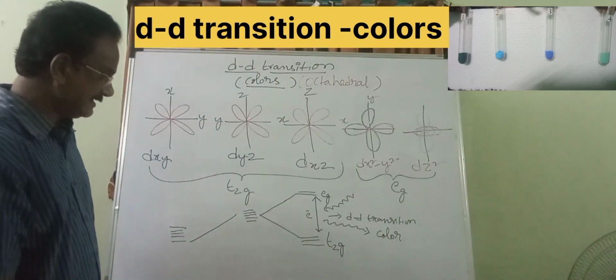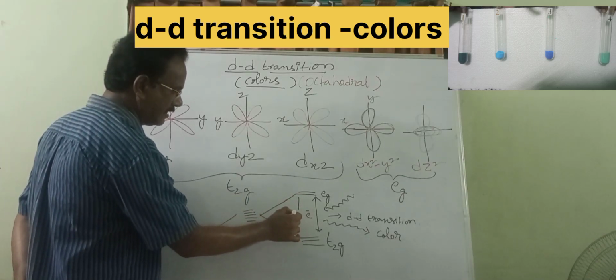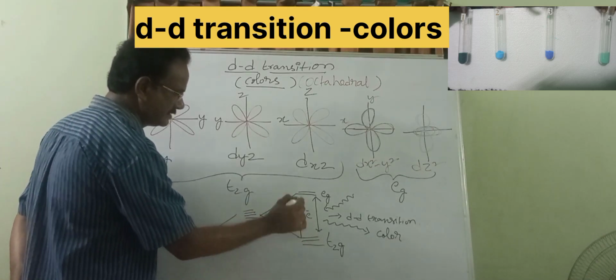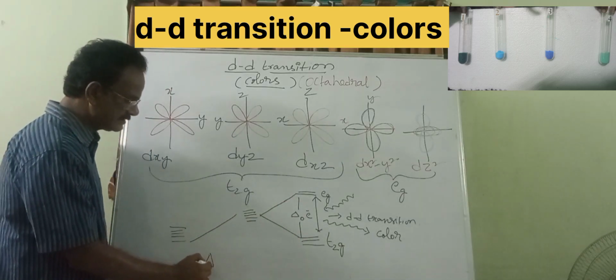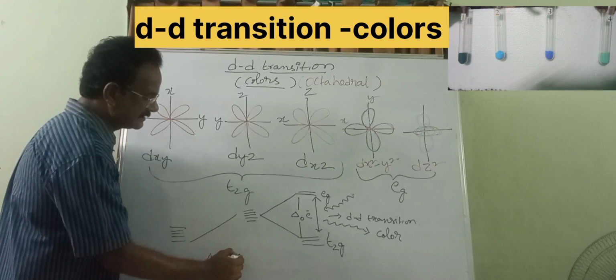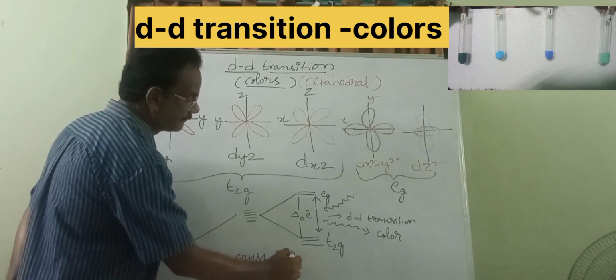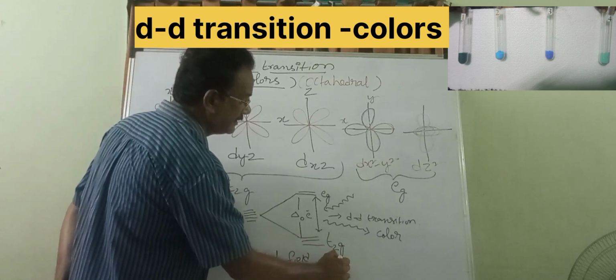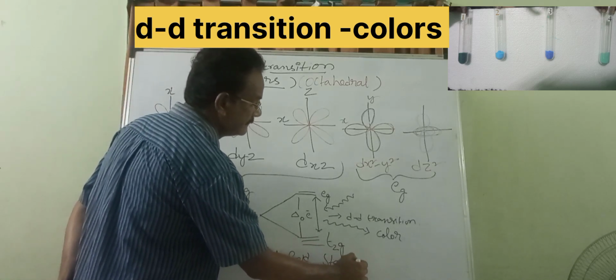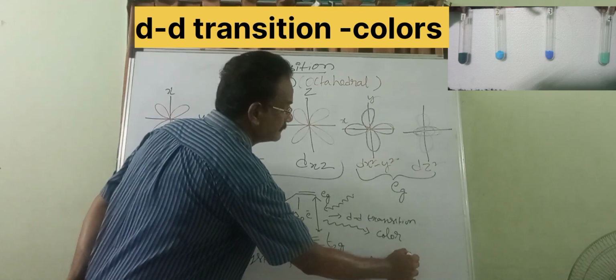The energy gap between these two orbitals in case of octahedral complexes is to be considered as delta O. Here delta O means crystal field stabilization energy.